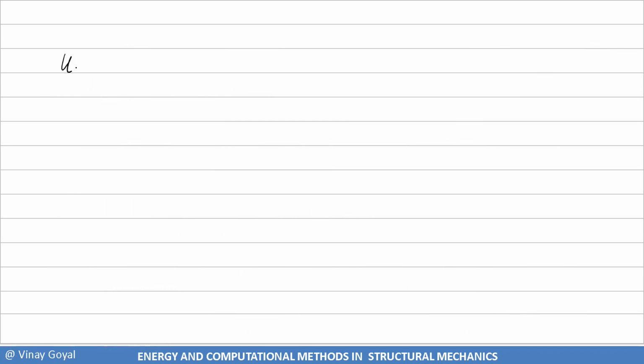So strain energy for this bar system is EA over 2, since the modulus and area do not change as a function of location. And for the second bar, same thing. And guess what now?